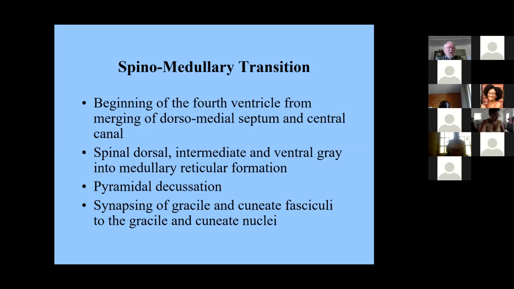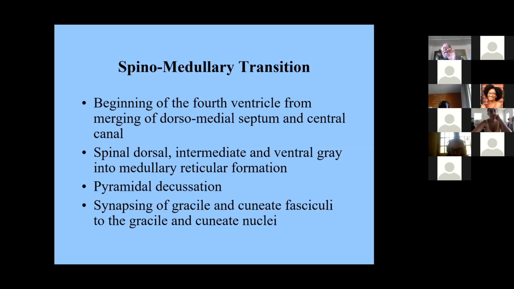And very often when we have these arbitrary terms like the spinal cord or the cervical cord, and then we have the medulla, we think that the whole transition should be extremely abrupt. And the reality is that it is not. That is, there is a so-called spinomedullary transition zone. And we already encountered this when we were looking at the spinal sections, at the upper and even as far back as the mid-cervical area. Why?